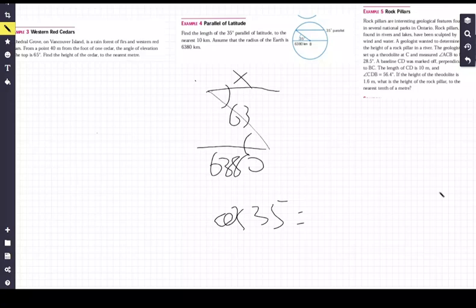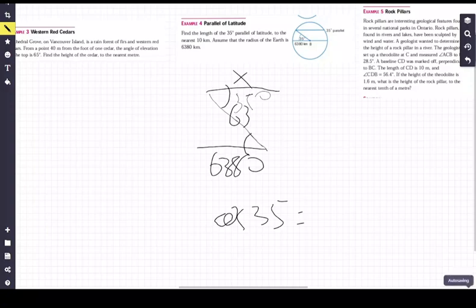So 6,380, because this is also the radius. So technically this is 6,380 as well. So we're gonna go ahead and use this rule. So we had 35 here, right? So 35 here, we're gonna use this rule of the Z pattern. So this is also 35 degrees.